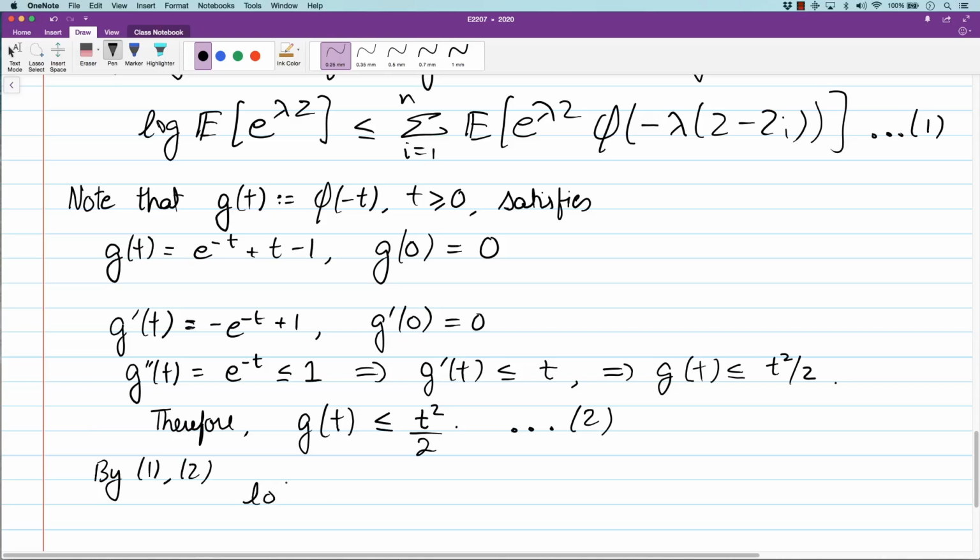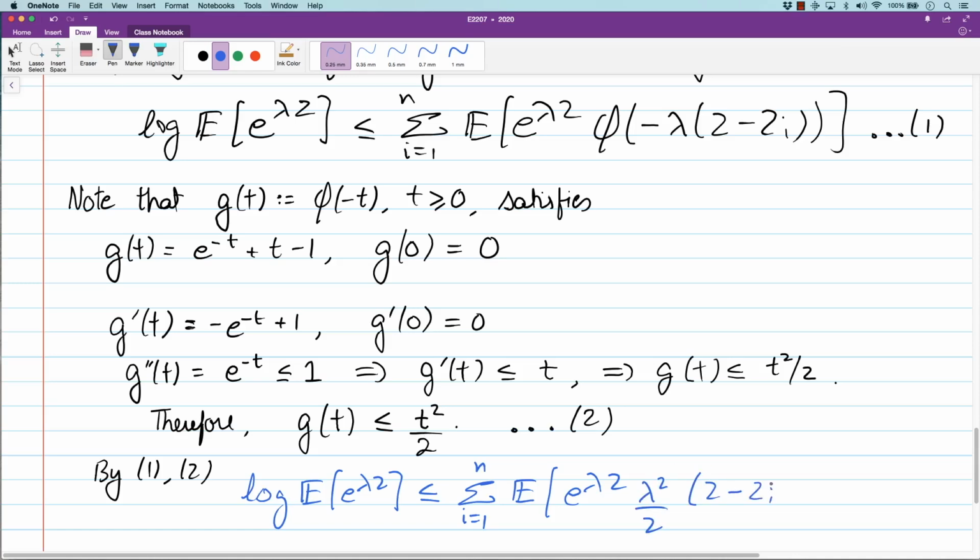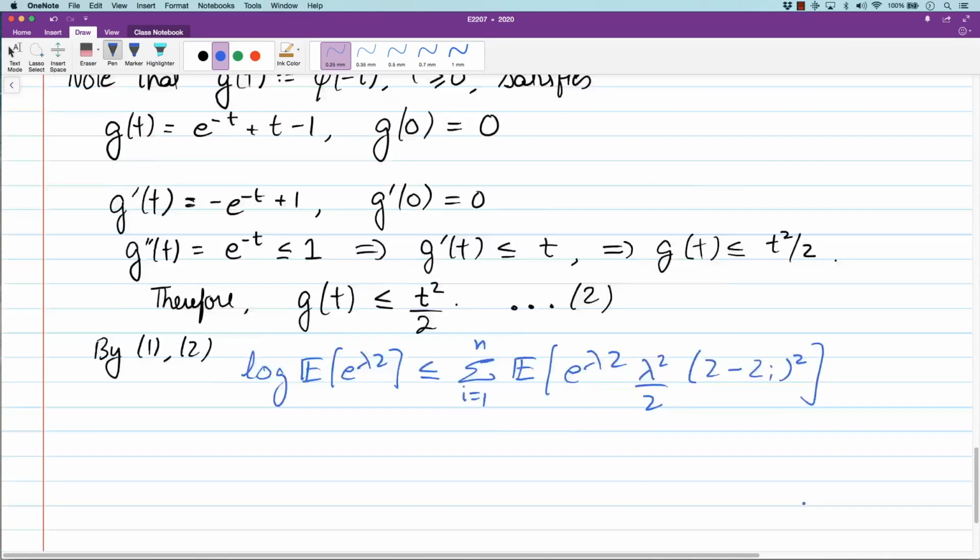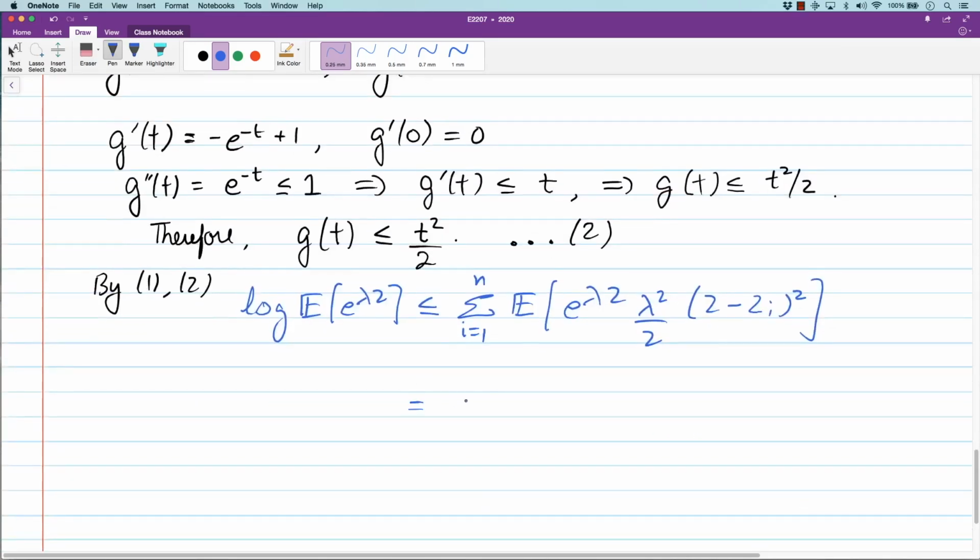we get that the log expected value of e to the power lambda z is less than or equal to the summation i equal to 1 to n of expected value e to the power lambda z, where we now substitute this bound, lambda square by 2 times z minus zi square. Very nice.